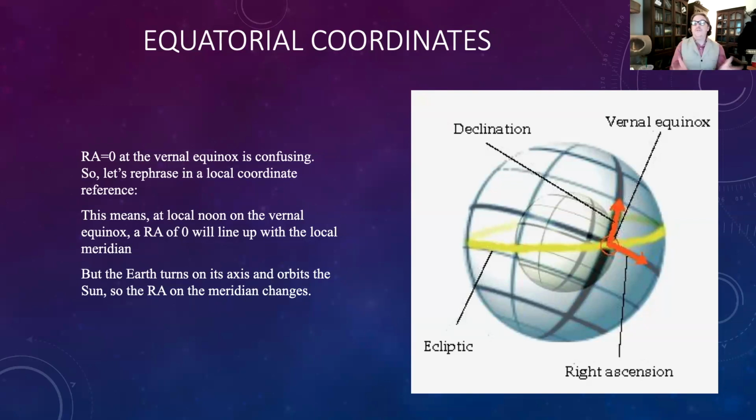So, 24 hours over 360 degrees. What that means is that 1 hour of time, and 1 hour of right ascension, corresponds to 15 degrees.